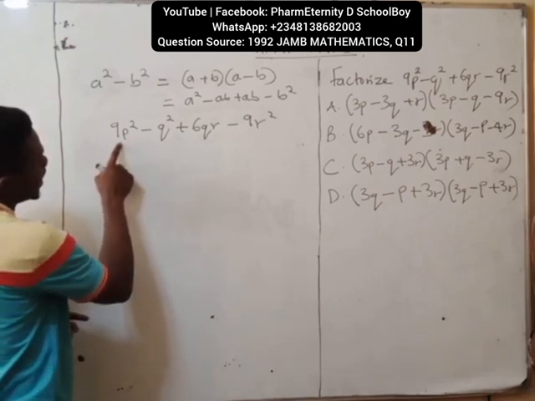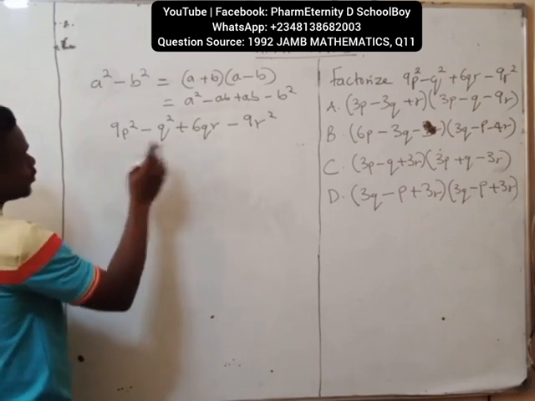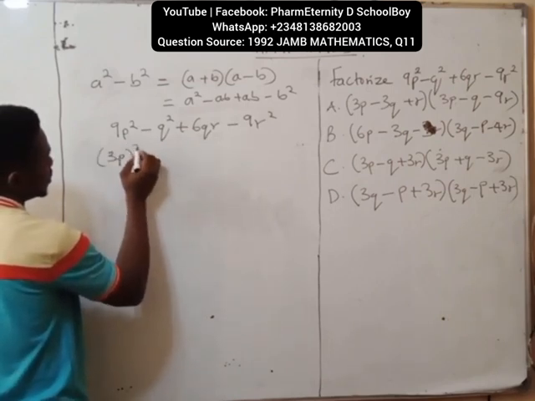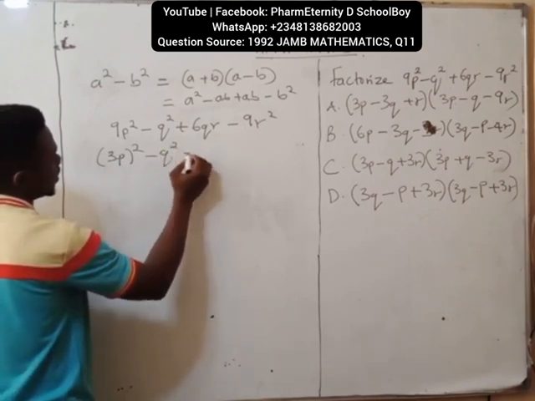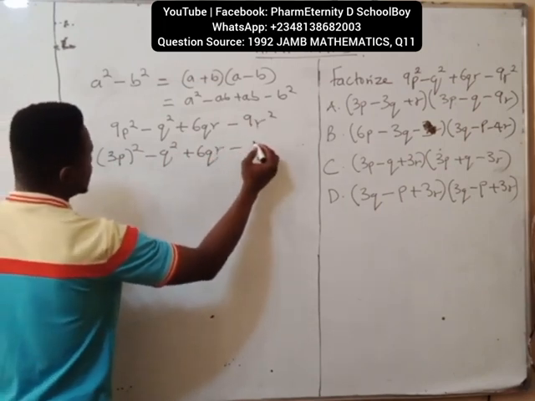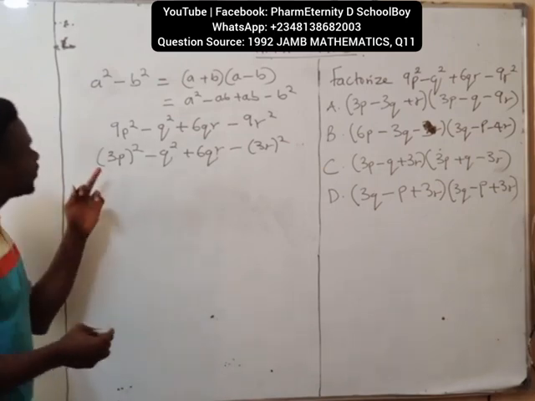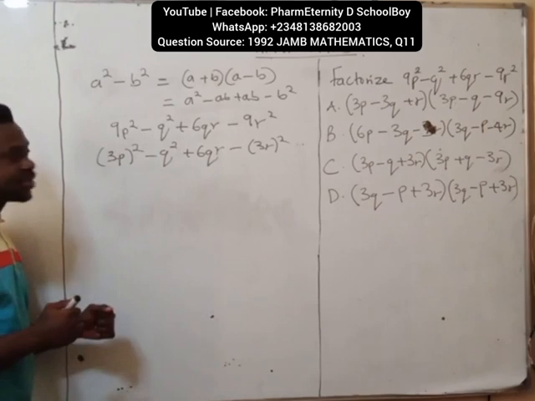Remember that this 9p squared can be put as (3p) all squared. Remember, minus q squared plus 6qr minus this can also be taken as (3r) squared. So if we have this at the back of our mind, we can now comfortably apply this rule.